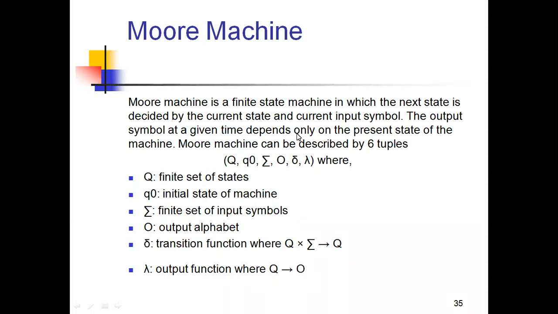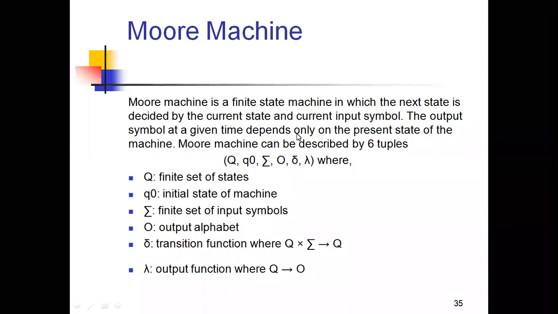And from the starting of the Moore machine, as I already said, in every finite state machine we decide the next state with its current state along with its current input symbol. Right? That's the mapping that we need to check for deciding what the next state is.